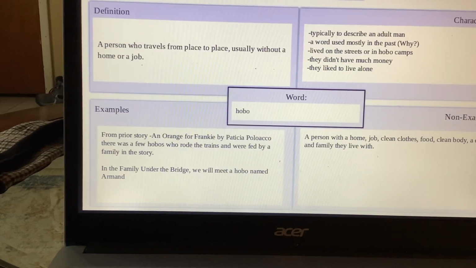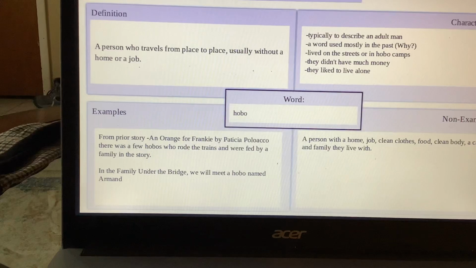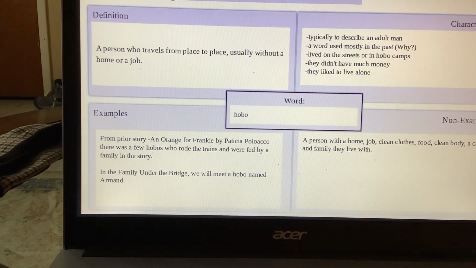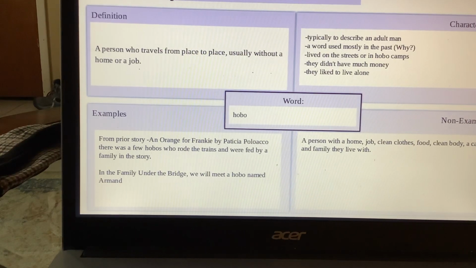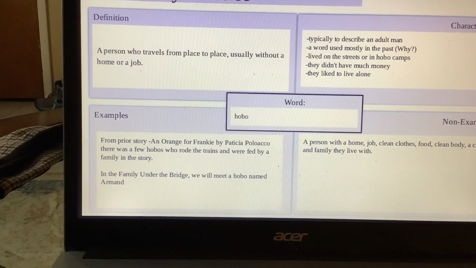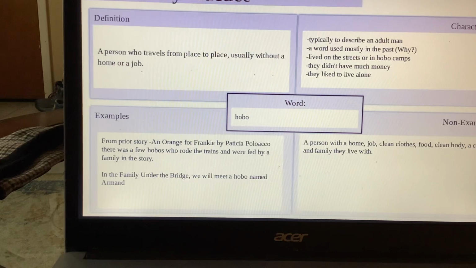And something else that I always like to talk about with this particular book, The Family Under the Bridge, is that they have some other people that are also homeless and some other words that they may use for hobo. So a synonym for hobo may be tramp. They also have some people in the story that are gypsies, and how gypsies are different, or could be a non-example.